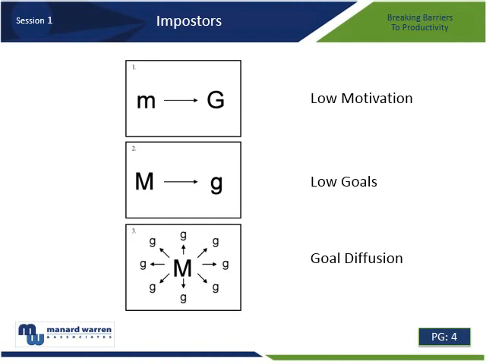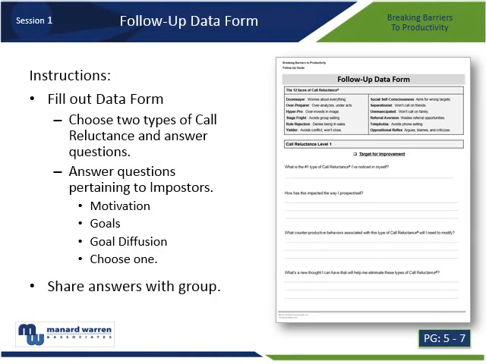Here's what I think is interesting about these three imposters. The three imposters cannot be fixed the same way that you would fix call reluctance. I'm going to talk about that in just a moment. Please flip the page. On the next couple of pages in your participant guide, we're giving you the opportunity to write out on the follow-up data form on page 5 that's right in front of you, hopefully.